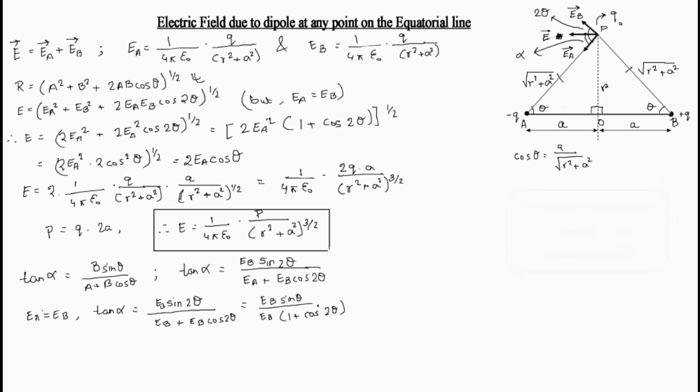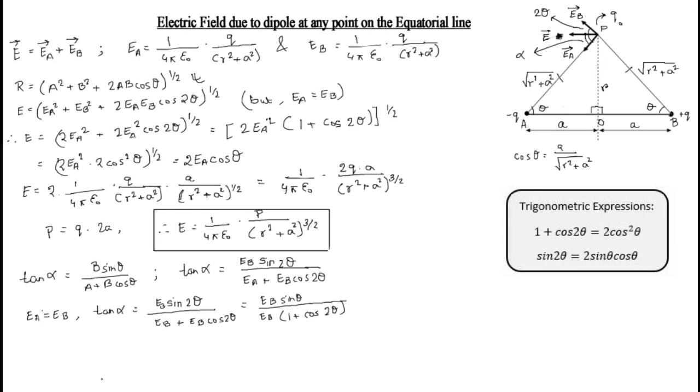From the concept of trigonometry, we know that sin 2 theta can be written as 2 sin theta cos theta. So EB sin 2 theta can be written as EB times 2 sin theta cos theta, and in the denominator EB remains as it is, and 1 plus cos 2 theta is nothing other than 2 cos square theta.